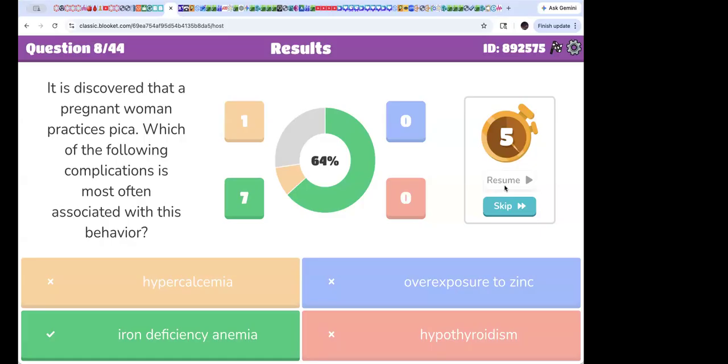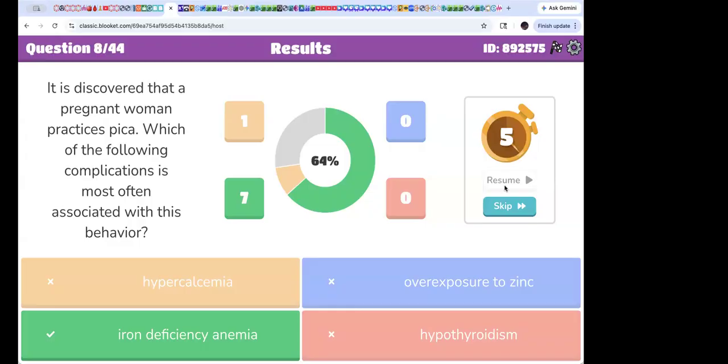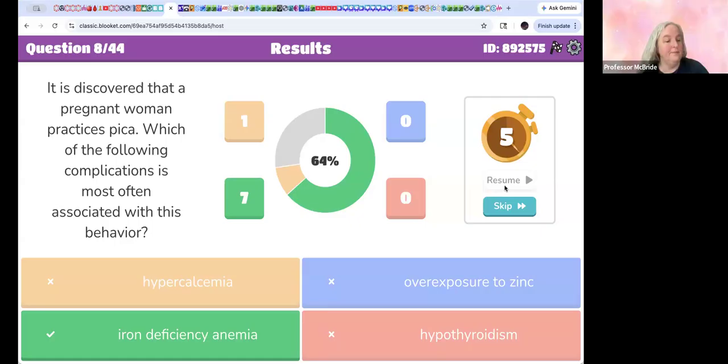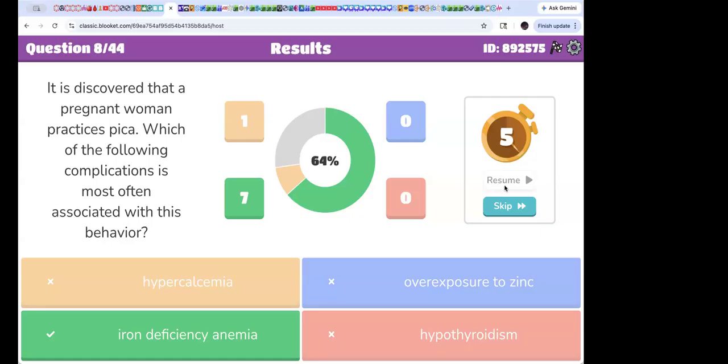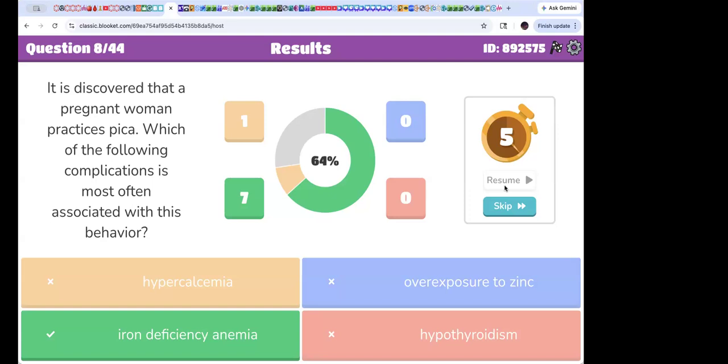So I guess it's not specifically the caffeine, it's the coffee and tea. But for your diet, if you're getting iron through eating meat, fish, and poultry, then caffeine drinks and those things don't affect it.